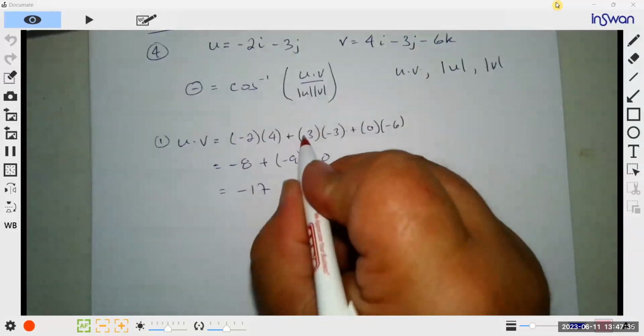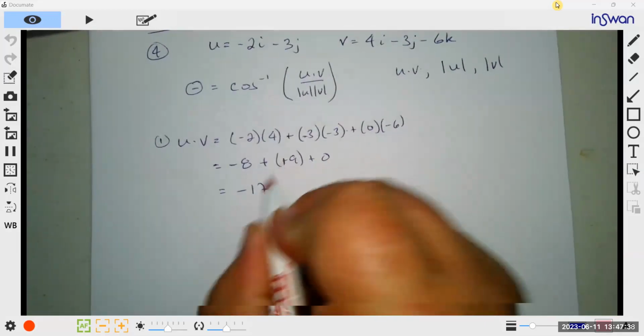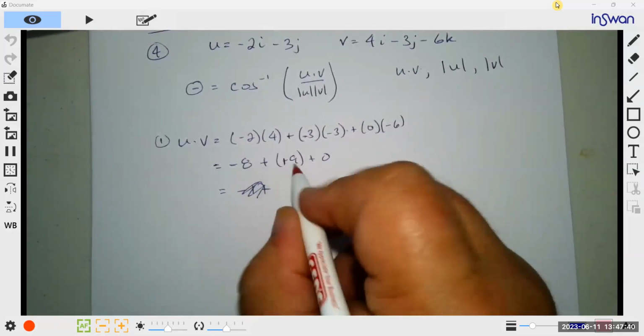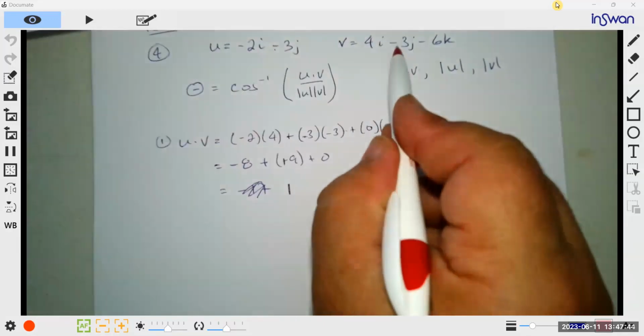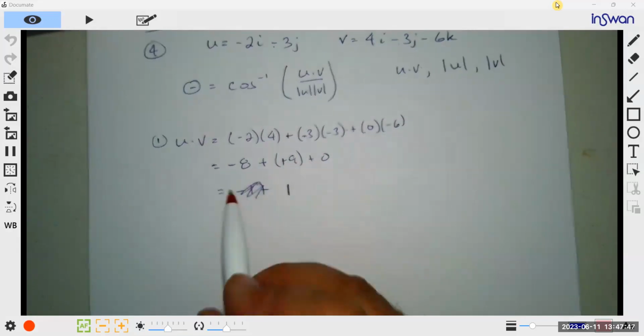Oh, they're both negative. They're both negative. So it's negative 8, negative 3 times negative 3 is a positive 9, so u dot v is positive 1.